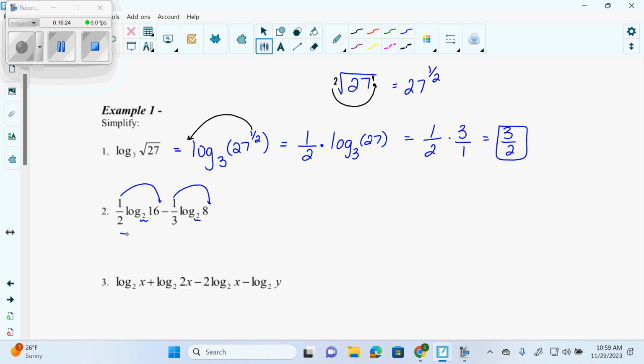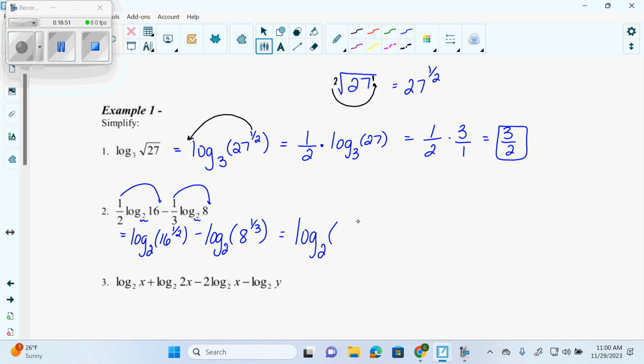So I'm going to get log base 2 of 16 to the half in brackets minus log base 2 of 8 to the 3rd in brackets. Now, like I said, you're like, I can type this in. Cool. They're not going to let you. So we have to go through the rules. They're going to put a variable in, so you can't type it in. So now I'm going to get log base 2.